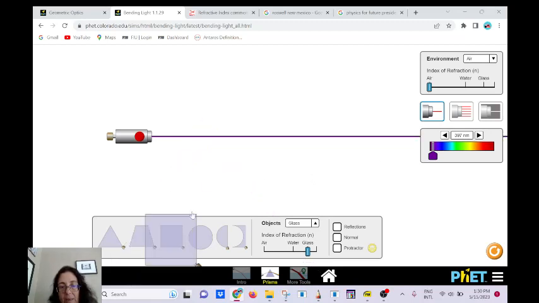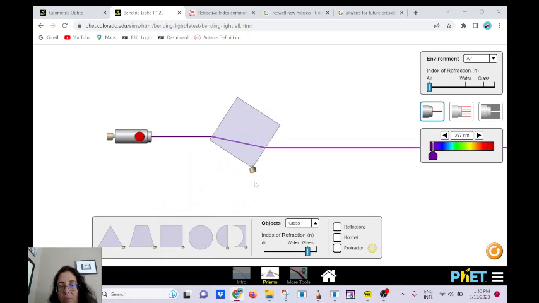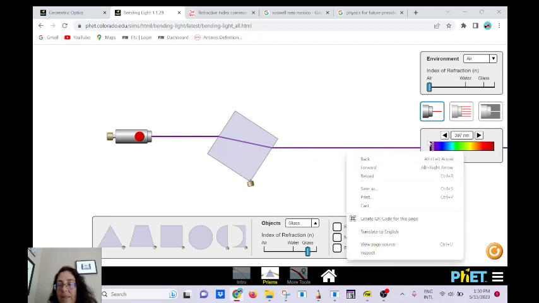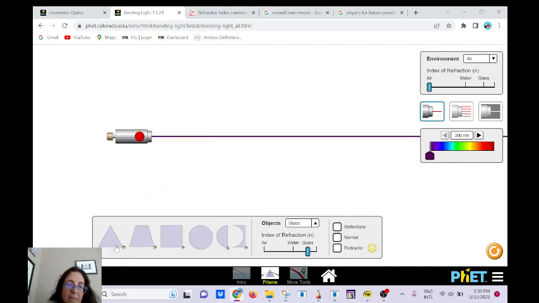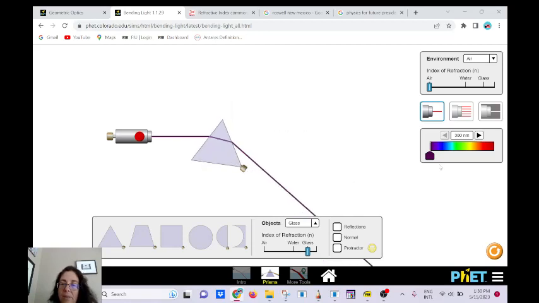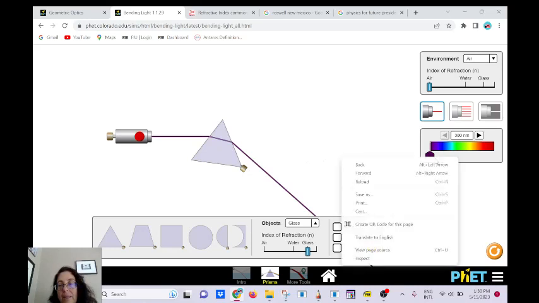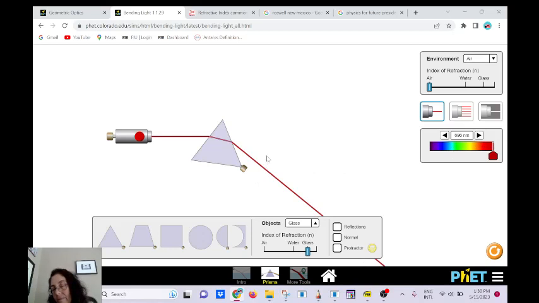So this is blue, you're going to have some refraction here, and if you take red, you have less refraction. If you take red instead, it's moving a little bit in this direction, so it's not going to be refracted the same.